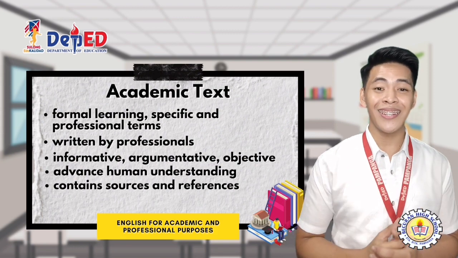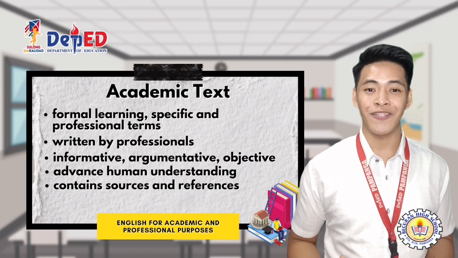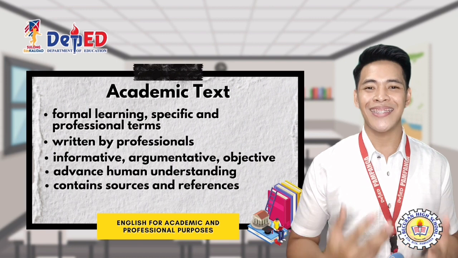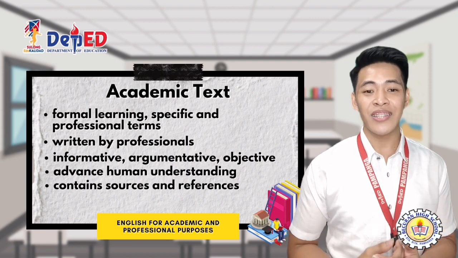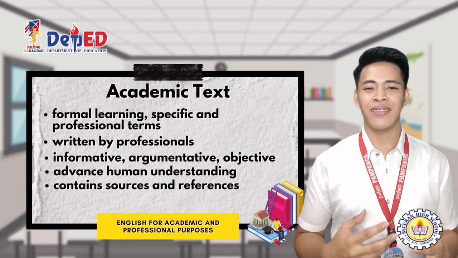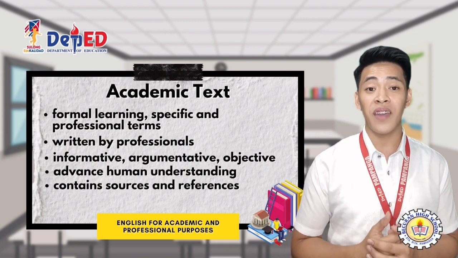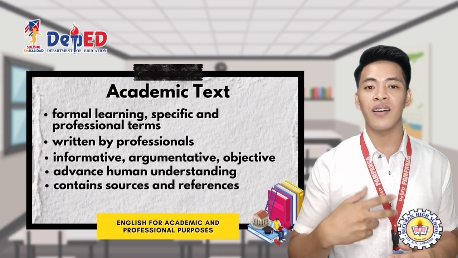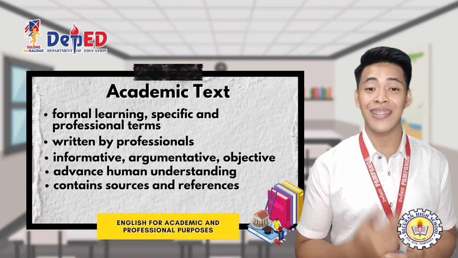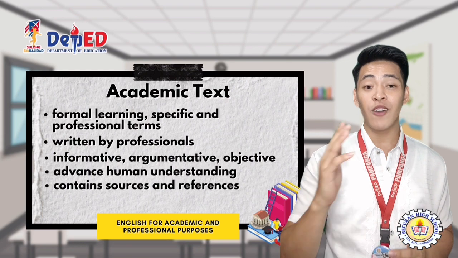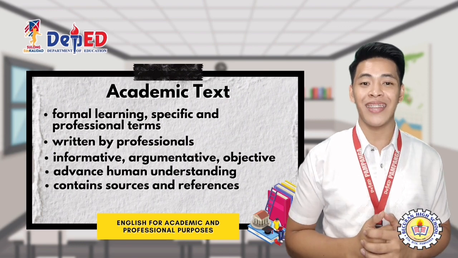Next, definitely it is informative because its primary purpose is to provide new concepts, ideas, and knowledge about a certain topic. And sometimes you might write to narrate sets of events in the manner of a story, and sometimes it is argumentative. And of course, it must always be objective in nature.